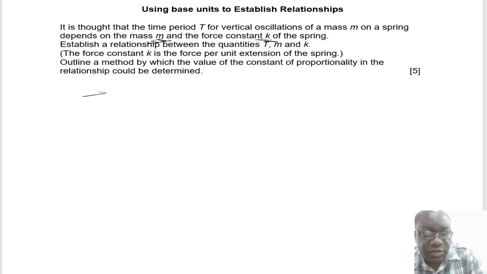So it's saying that T has a relationship with the mass and also the force constant, which is k. But we don't know to what extent it depends on m, so we just say m to the power of x, and k to the power of y.